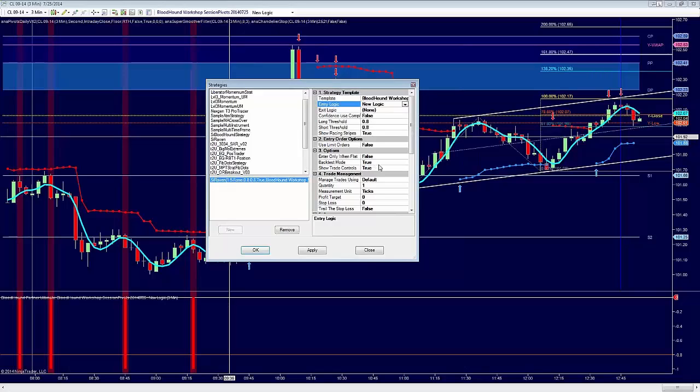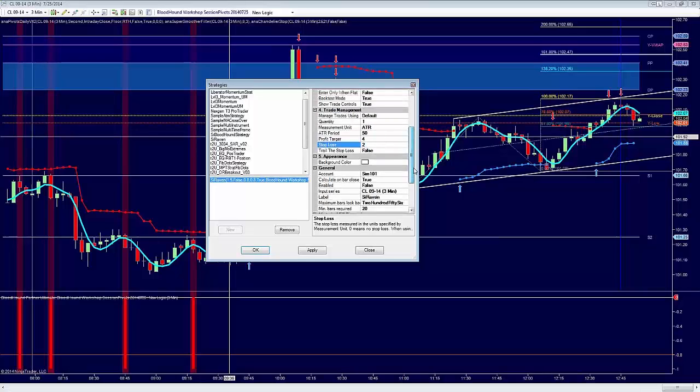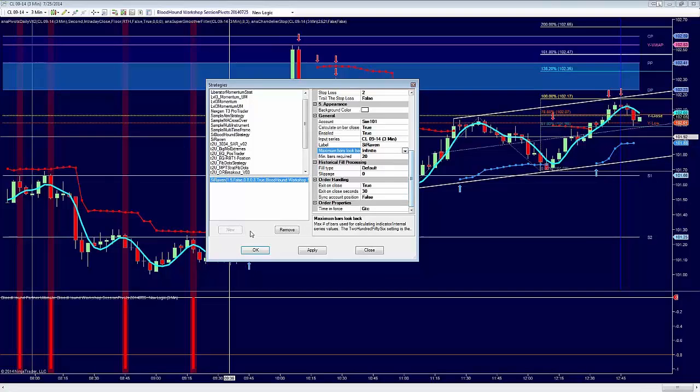Backtest mode true, yes. I don't know, let's say 3, 1.5, 4, and 2. And then enable it. And let's see.